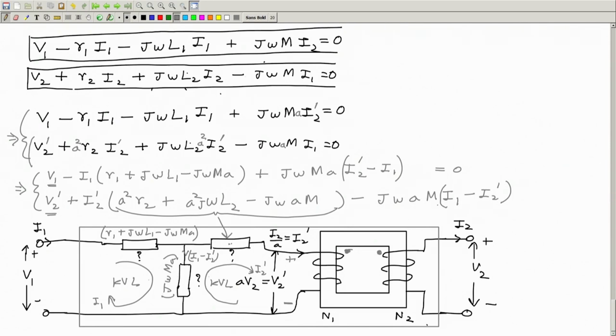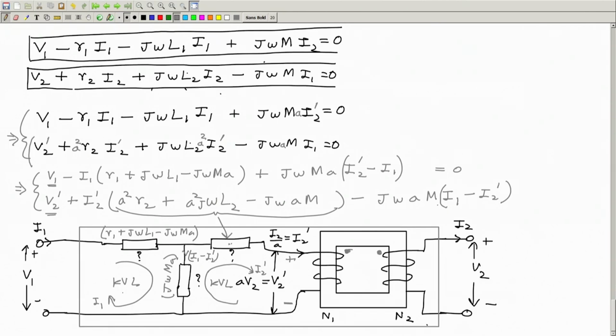So if I choose this impedance to be this and this equal to this, then the overall equation between V1, I1 and V2 prime, I2 prime will be like this, and that means the overall equation between V1, I1, V2, I2 will be like this.